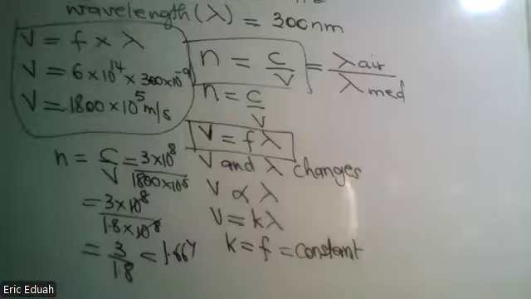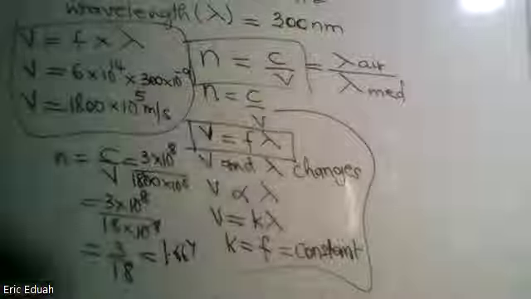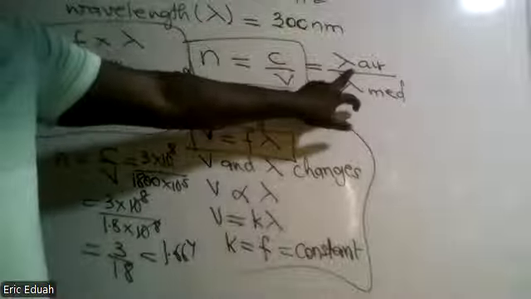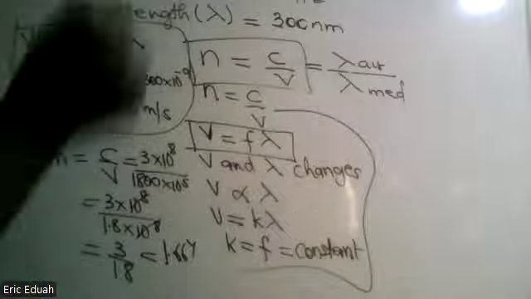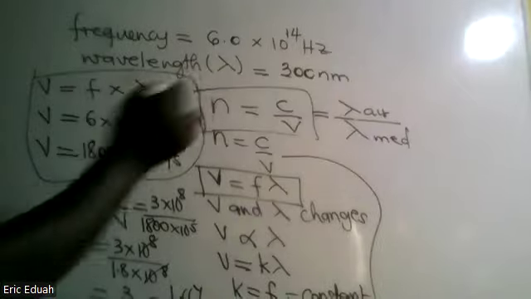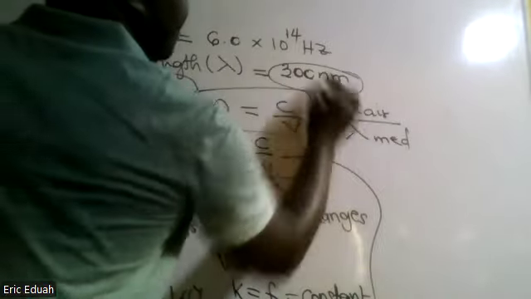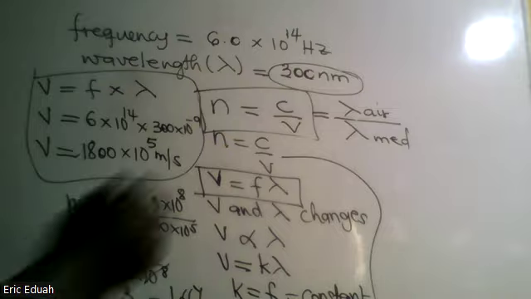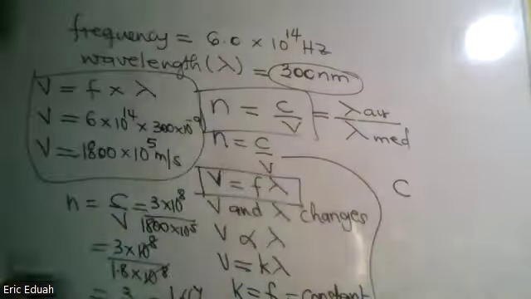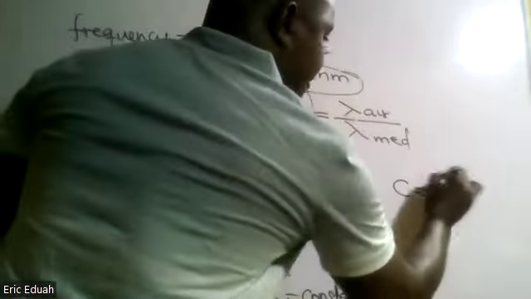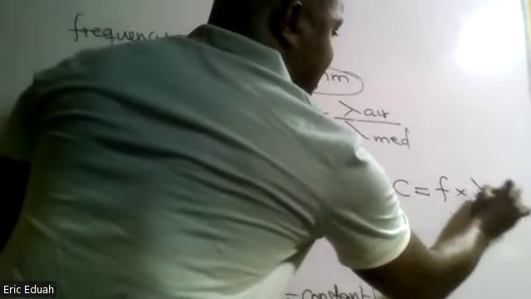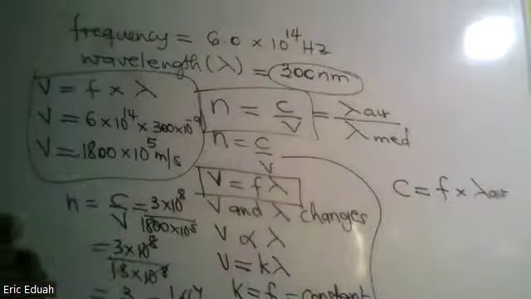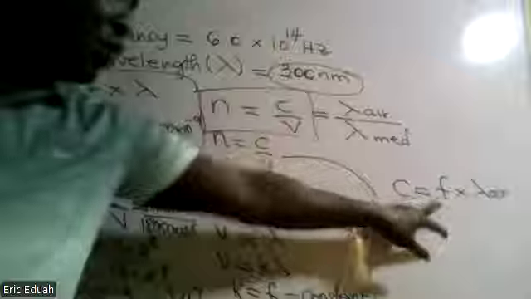Now, if you want to use refractive index equal to wavelength in air over wavelength in a medium, we have the wavelength of light in a medium, which is 300. We need to know the wavelength of light in the air. Now, using speed of light in air equal to frequency of light times the wavelength in air, c is a constant, f we know.